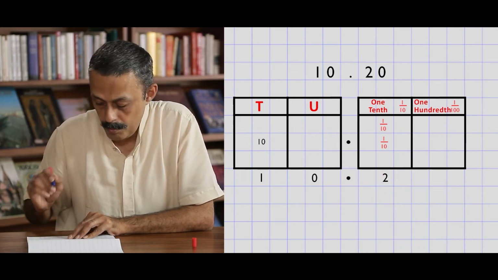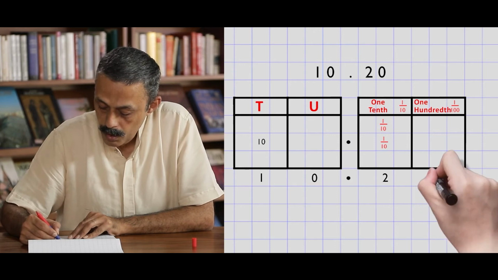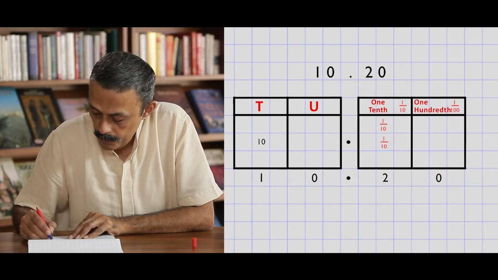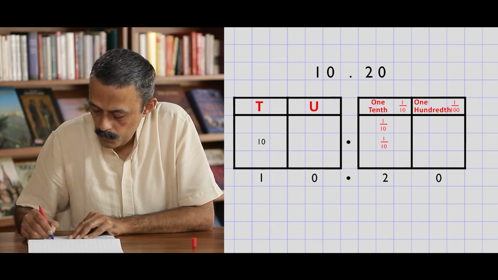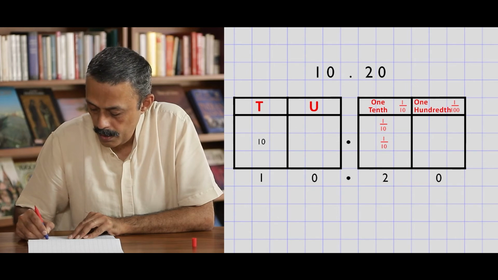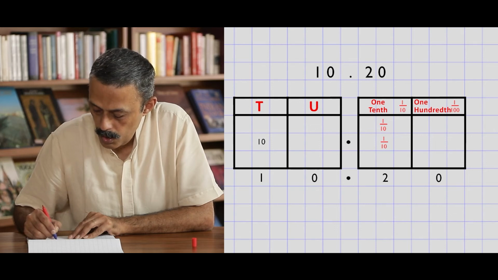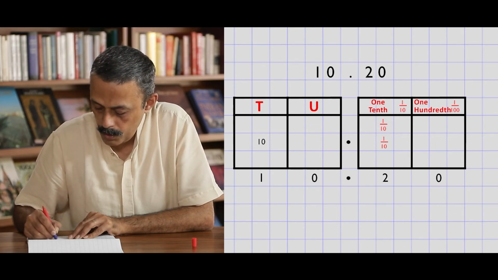Nothing. So, 0. Then we have 8 here. So, in the 1 by 100 position, 100th position, I should write it 8 times.